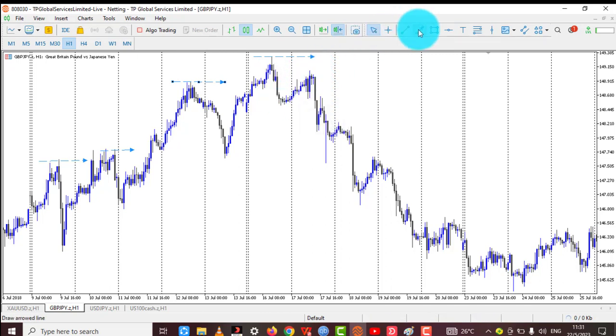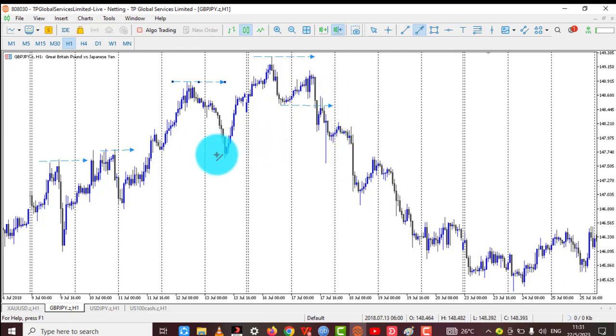Then as soon as price breaks this recent higher low, this most recent higher low, as soon as price breaks, we are now looking for bearish. We're now looking for bearish price movement. So price moves in with a correction.